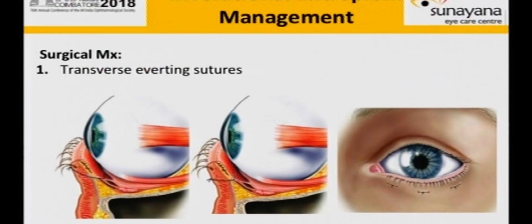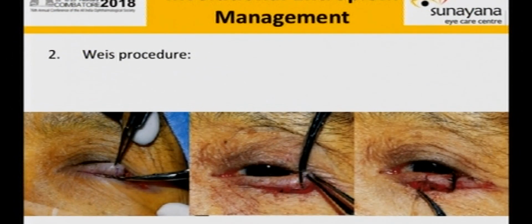Again, in moribund patients who cannot be taken for surgery immediately, transverse everting sutures can be used. You use suture materials which will induce fibrosis and hence lead to some amount of eversion of the eyelid. Though when you're looking for long-term results, you would go for definitive surgical management.